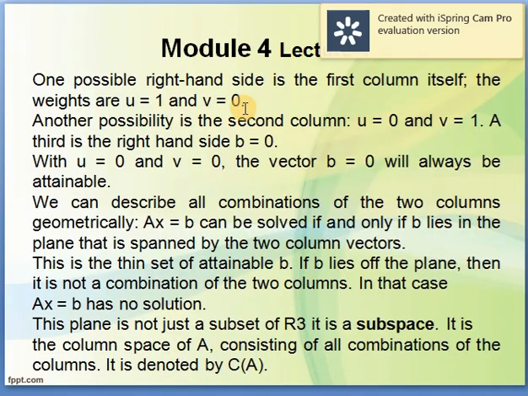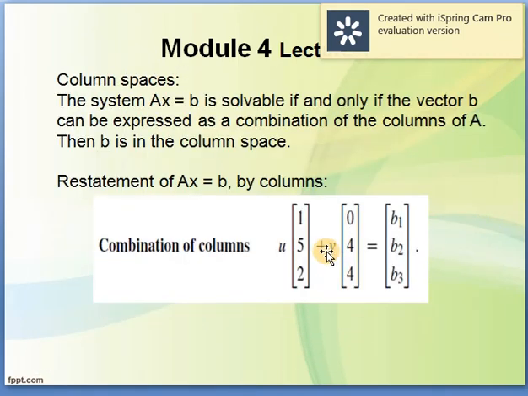If u is 1 and v is 0, then if v is 0 it means this column is not at all being considered. So b1 is 1, b2 is 5 and b3 is 2.